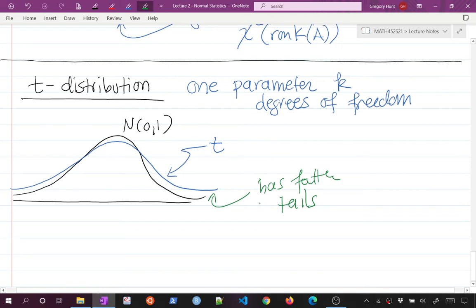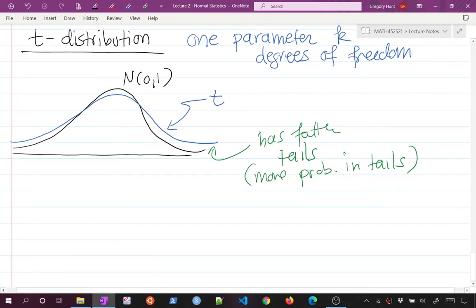It goes close to 0 kind of exponentially fast. The t-distribution goes to 0 polynomially fast, so much slower. And so the t-distribution has more probability further from 0, say more probability in the tails, which means we are more likely to get a more extreme observation under a t-distribution than a normal distribution.